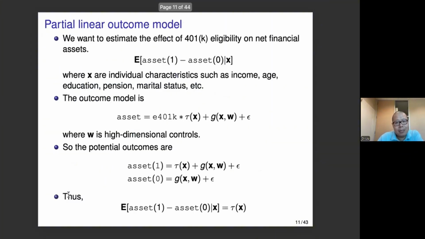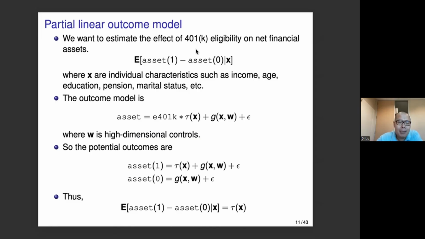Okay, let's go on to talk about the first example. The first example explores the conditional average treatment effects. Suppose we want to estimate the effect of 401k eligibility on net financial assets. 401k is a retirement saving plan in the USA. It promotes companies to help employees save money for when they retire.